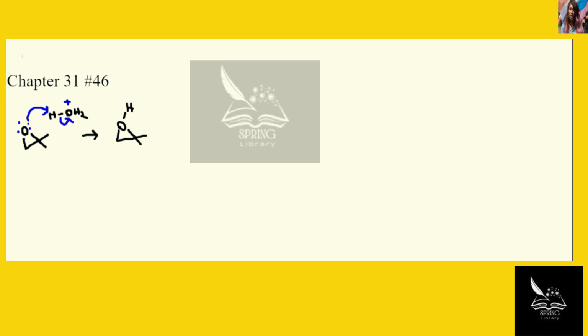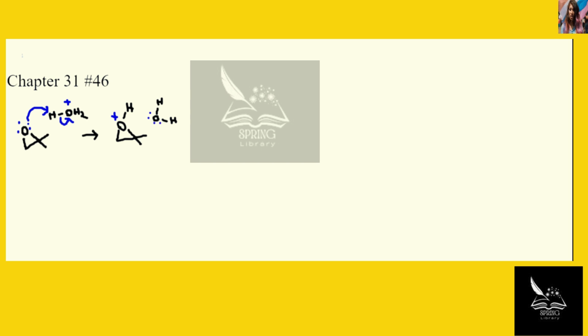So the oxygen has 3 bonds. Obviously, it's going to have a plus charge on it. And so now we have just regular water that can act as a nucleophile. And again, we're asked to explain the regioselectivity.